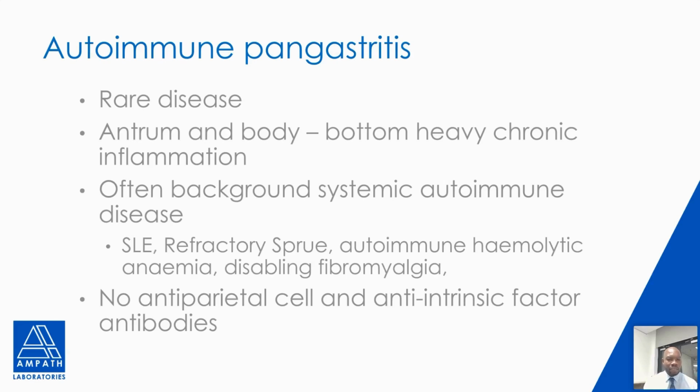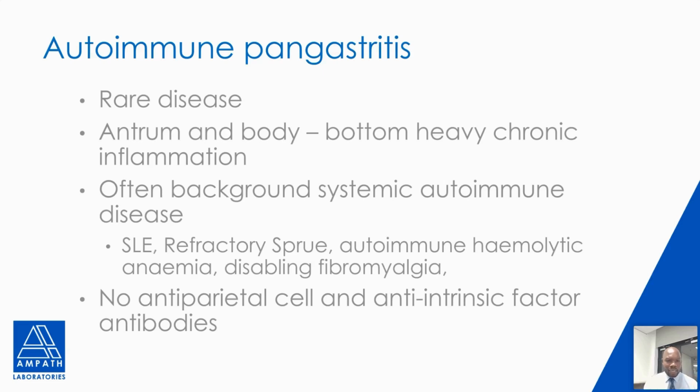And these patients, on their serological investigations, were negative for antiparietal cell and anti-intrinsic factor antibodies. So the hypothesis was that for these patients, there is an autoimmune process that is targeting more cells within their gastric mucosa, and this is targeting the entire stomach.